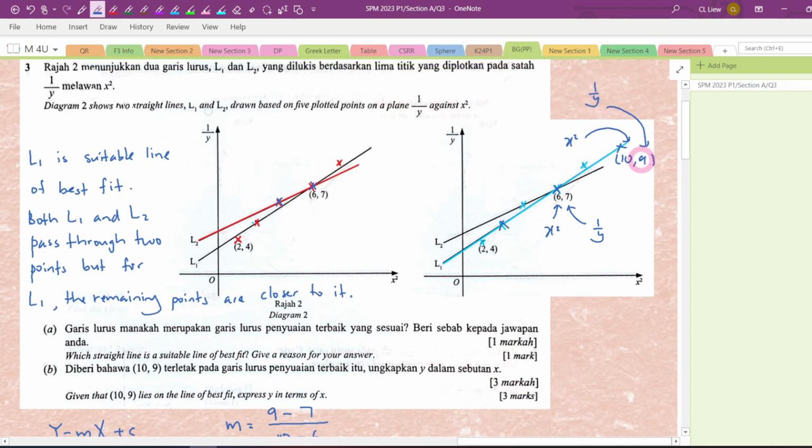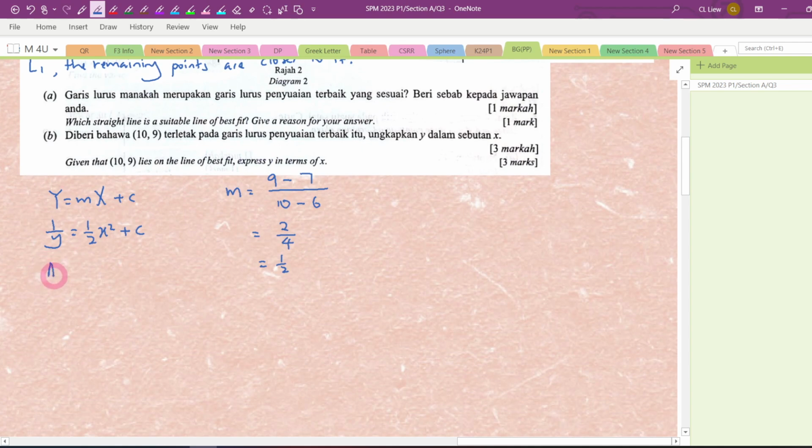Okay, let me use this point (10, 9), so be careful. This is x squared, and this is 1 over y. So if you do it this way, 1 over 9 equals 1 over 2 times 10 squared plus c, this is incorrect.